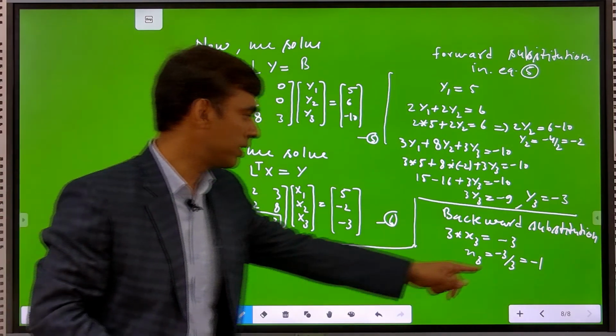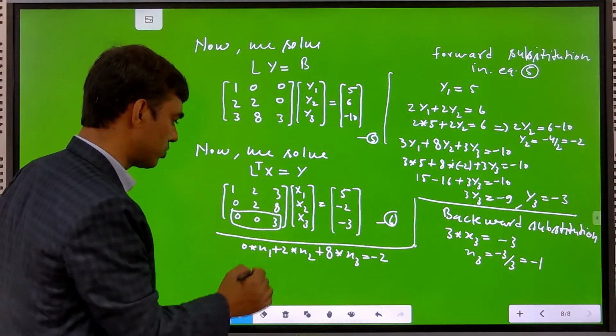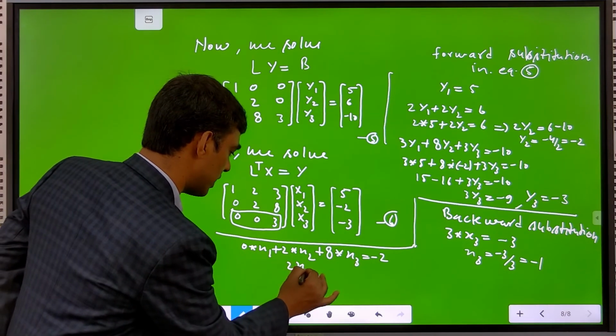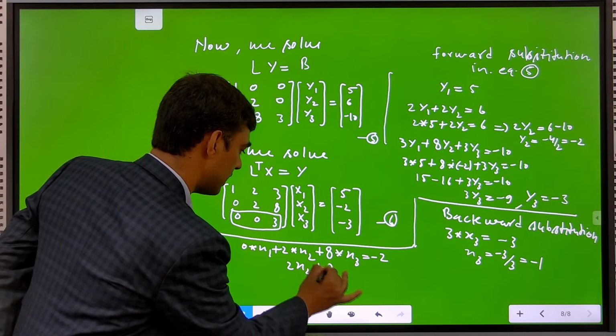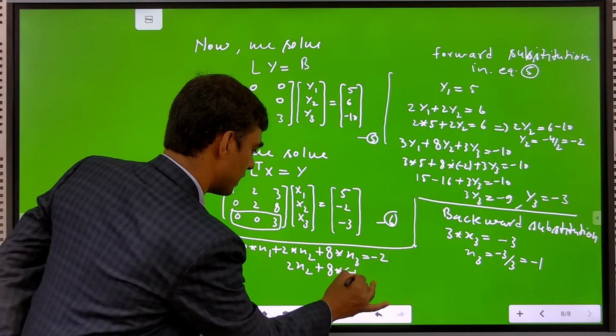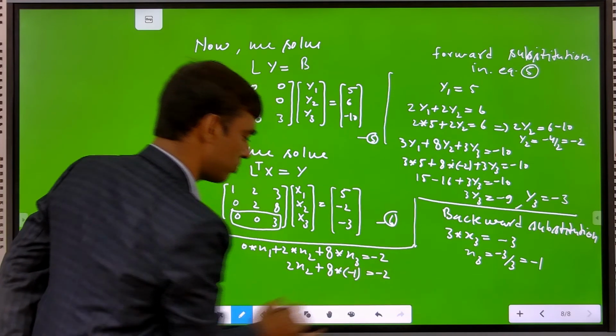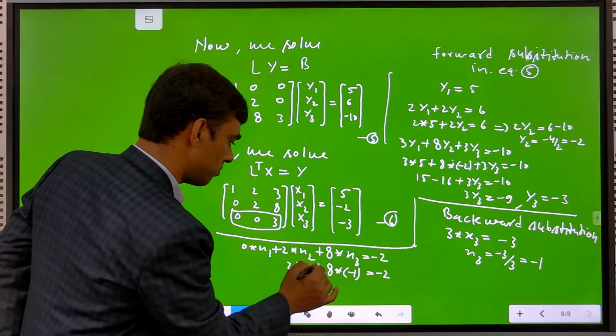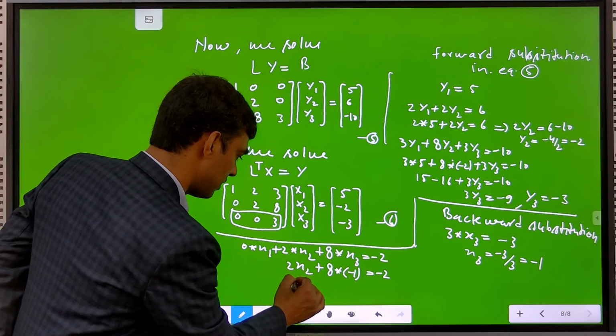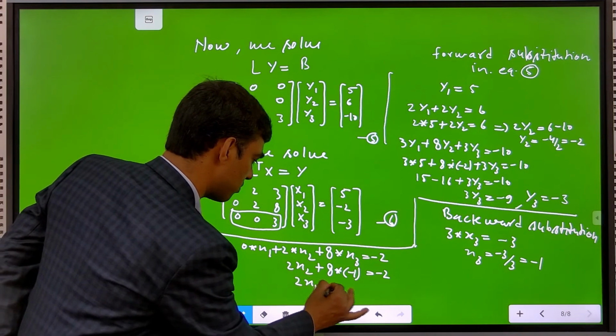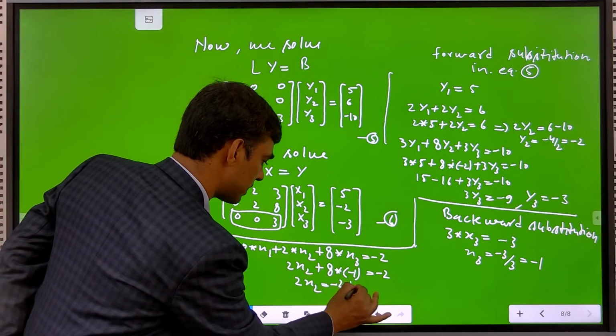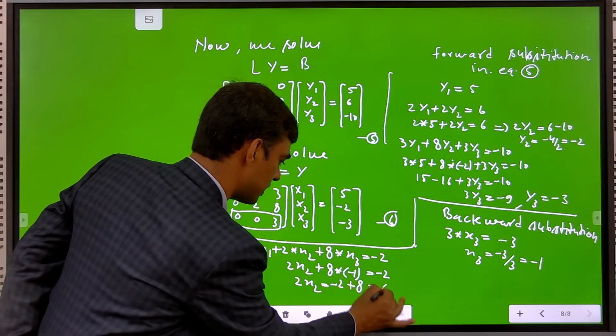We have the value of x3, which is -1. So 2 into x2 plus 8 into -1 equals -2. So 2x2 becomes -2 plus 8, which is 6.